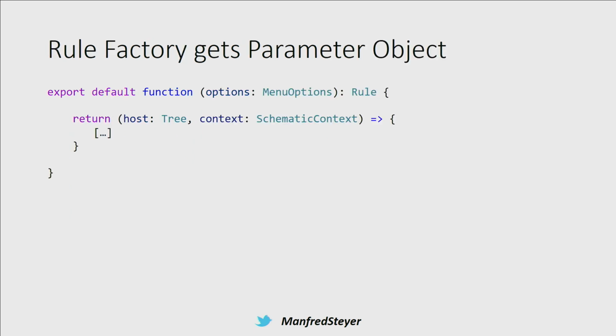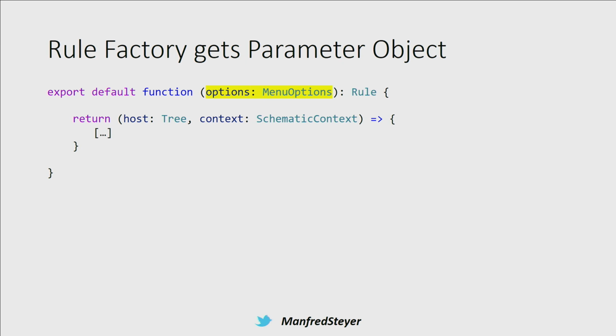Well, when we look into our project, we will see that there is another rule factory, and now this rule factory gets this menu options object containing all the parameters. So my rule can look into it, and so my rule can find out which options have been passed.